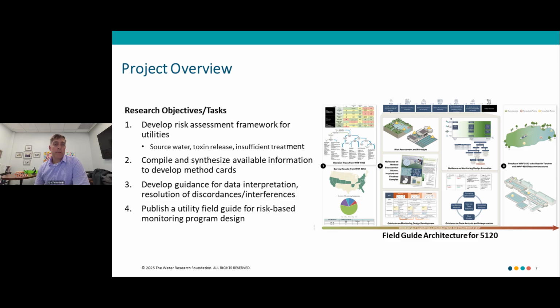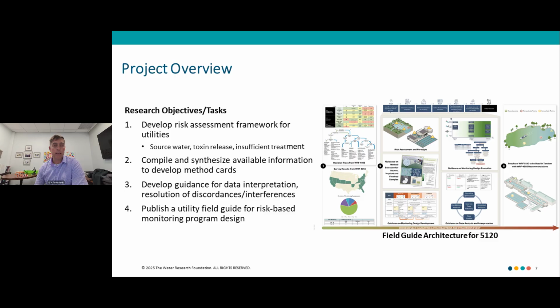The research objectives and tasks for this project were to develop a risk assessment framework for utilities to use, considering source water, toxin release, and the risk associated with insufficient toxin or algal cell treatment within a facility. It was to compile and synthesize available information and create what we call method cards, and we'll show some of those later.